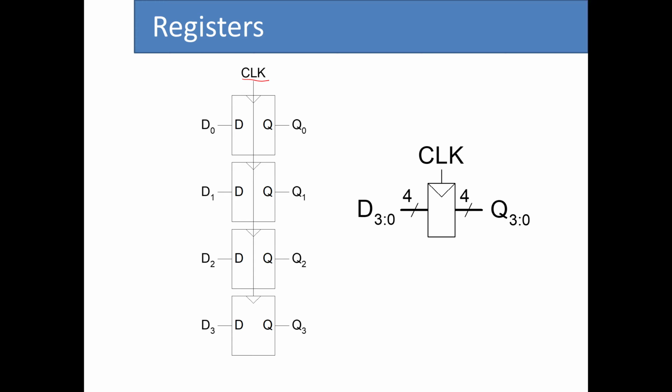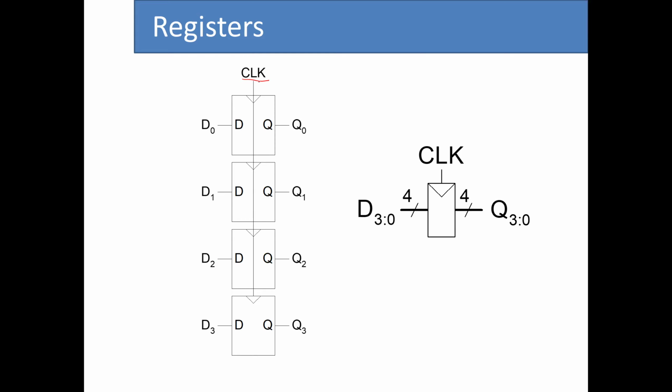So usually what happens is that when you have a bunch of D flip-flops or flip-flops in general that work with the same clock signal, you consider them as registers. So this is a symbolic representation of a 4-bit register.